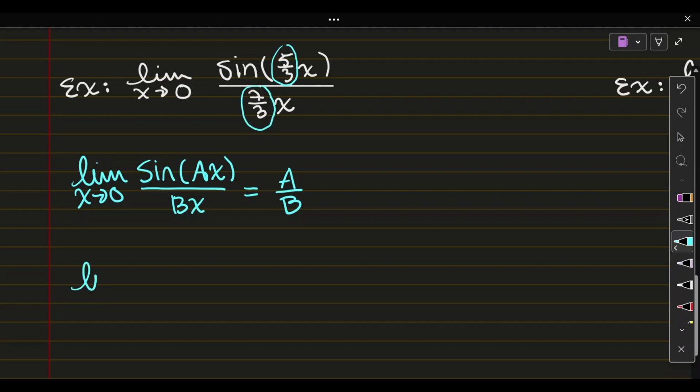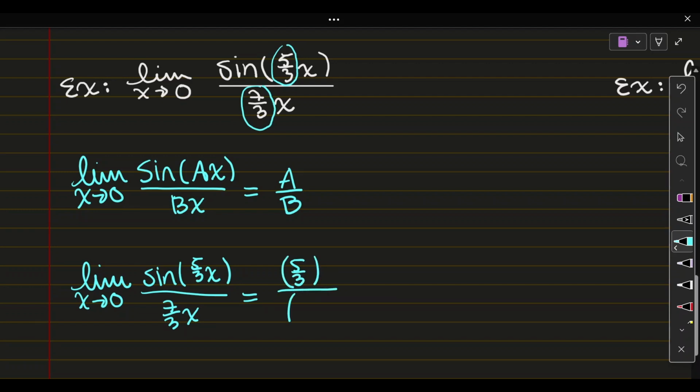So this limit as x goes to 0 of sine of 5 over 3x over 7 over 3x is going to be equal to 5 over 3 divided by 7 over 3, and we keep change flip, so I have 5 over 3 times 3 over 7, which gives me 5 over 7. Okay, and that's my limit.